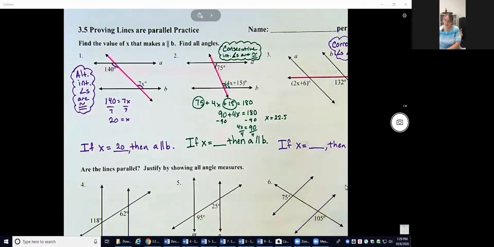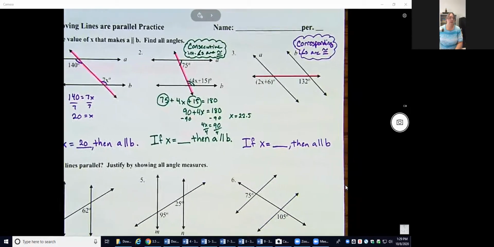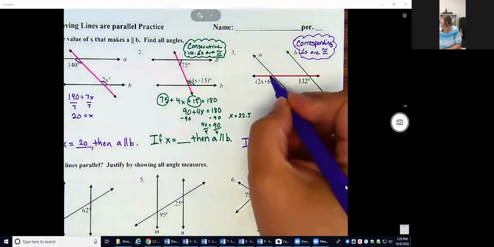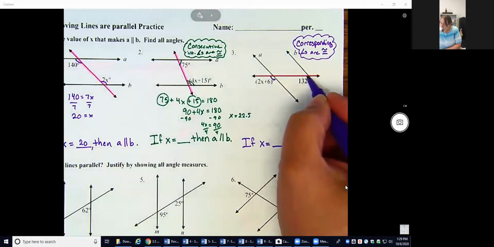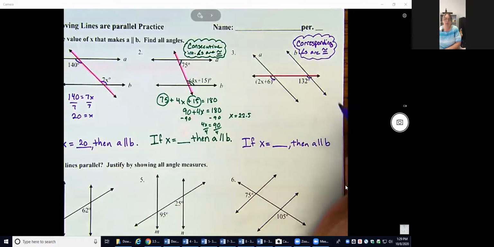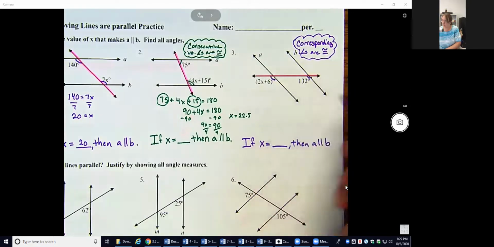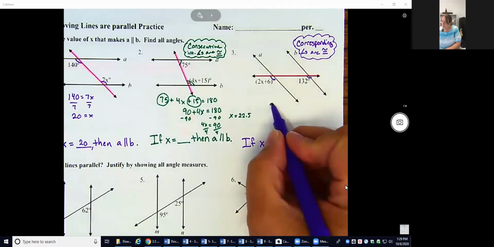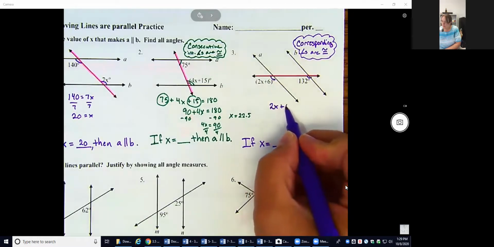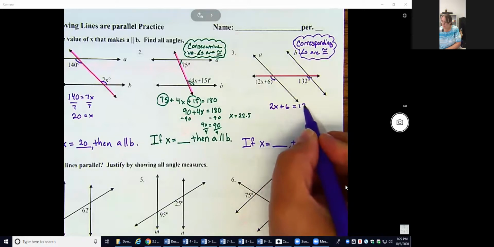All right, the last one here is number 3, and the relationship that you can see is that these angles are corresponding if these lines are parallel. So if we want to make sure that they're parallel, we'd have to figure out what would make these congruent. So the algebraic equation looks like this: 2x plus 6 equals 132.